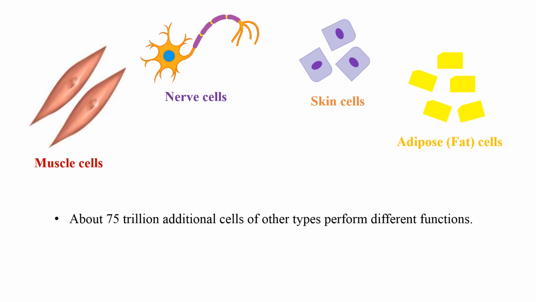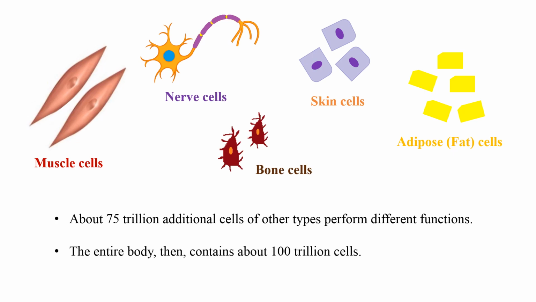Adipose cells are specialized to store excess energy in the form of triglycerides, and bone cells provide support. Thus, the entire body contains approximately 100 trillion cells.